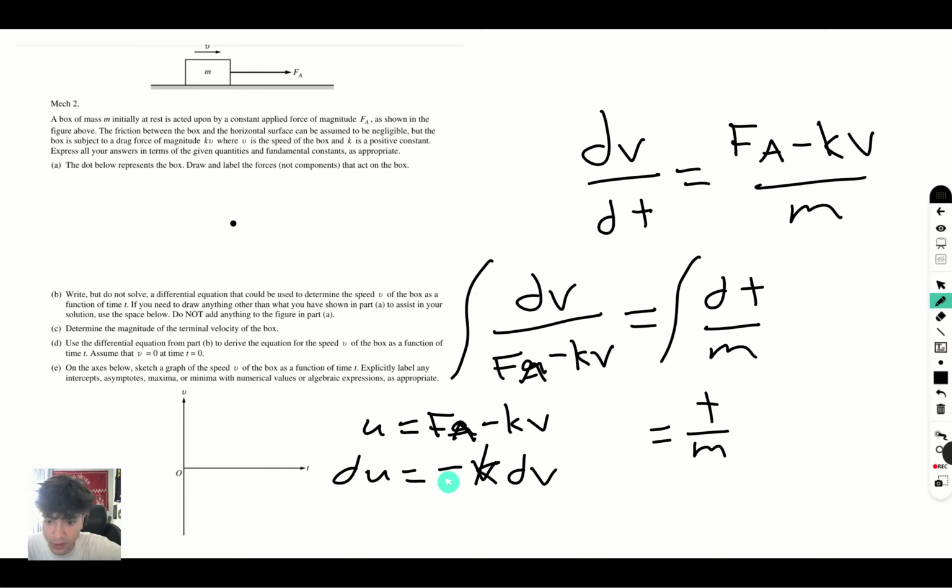So if we plug in our negative k dv, we're going to get negative 1 over k integral of du over u, which gives you the natural log of u. And that's going to be equal to t over m.